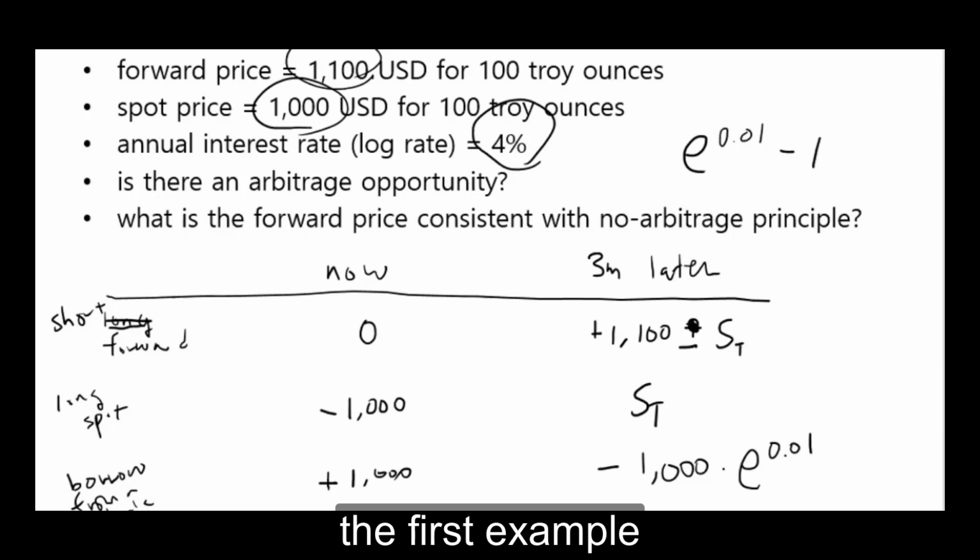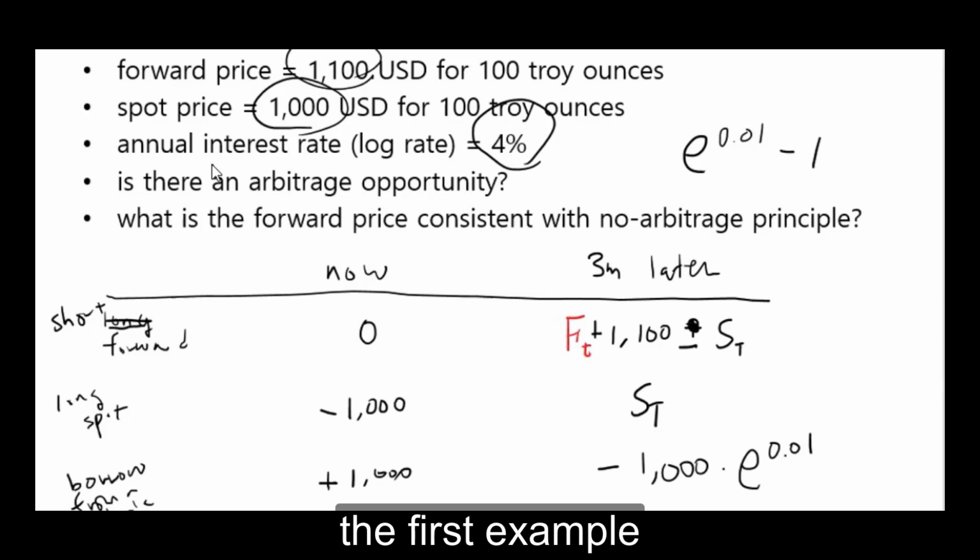Okay, so let's change these numbers with symbols and see what should happen. Say something more general. So instead of the 1,100, let me write here the forward price, which is F_T.